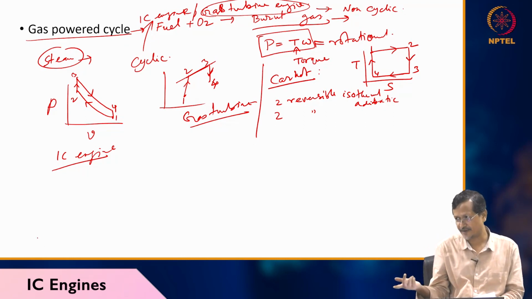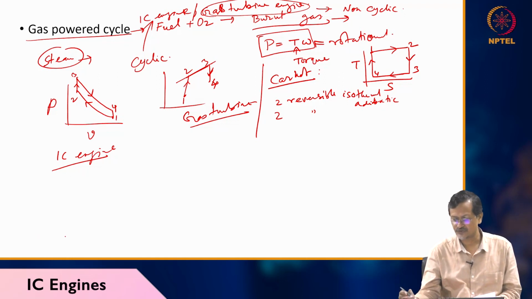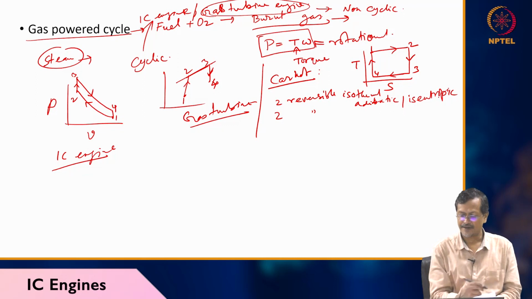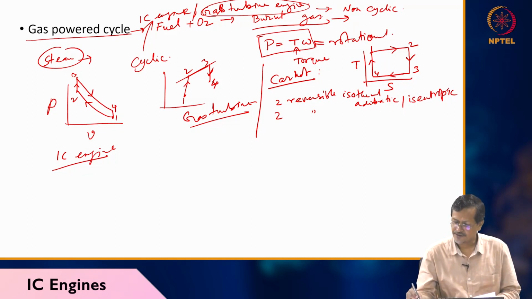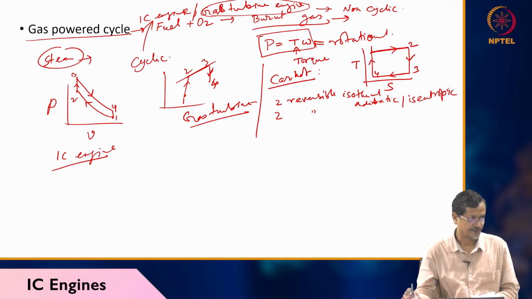So that is called adiabatic process. Adiabatic process is also called isentropic process. Entropy will be constant.